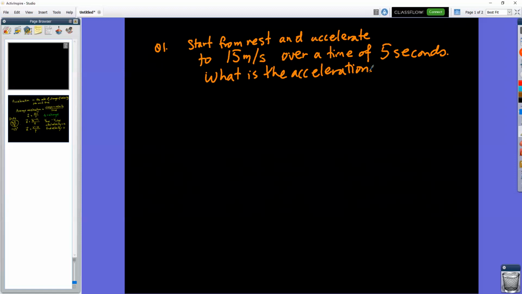That's what we're asking. So we write out the formula first. Very important we do that. a equals v minus u on t. And then we write down over to the side everything we know. The initial velocity, or u, is 0 meters per second because we started from rest.